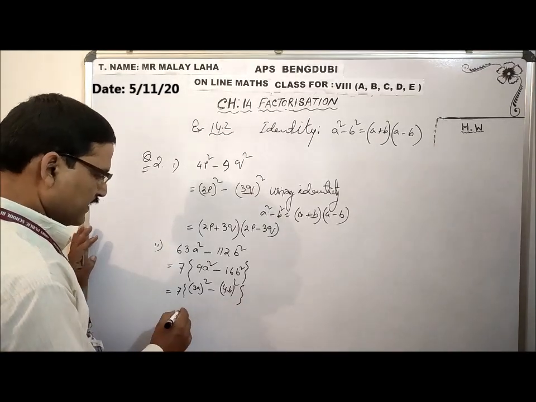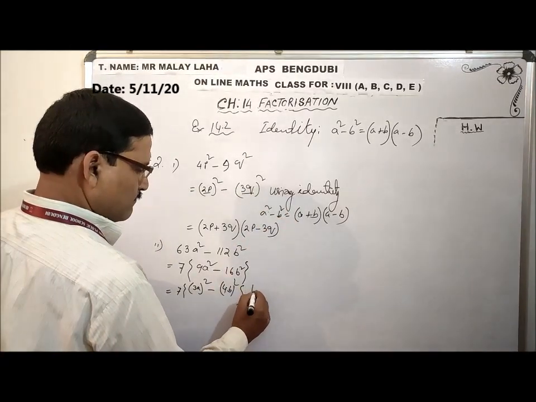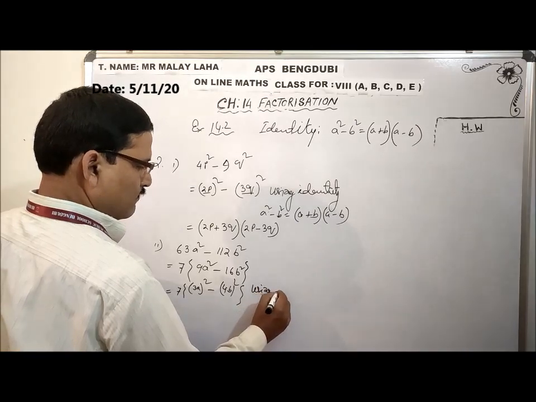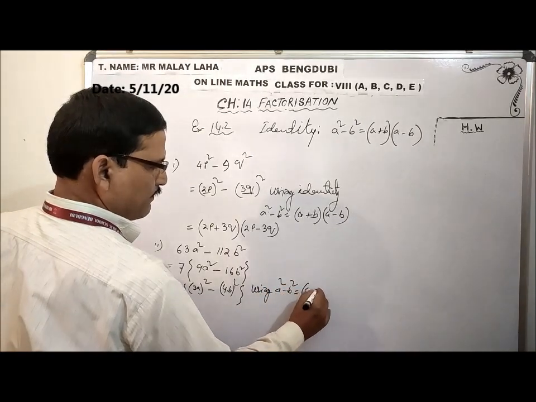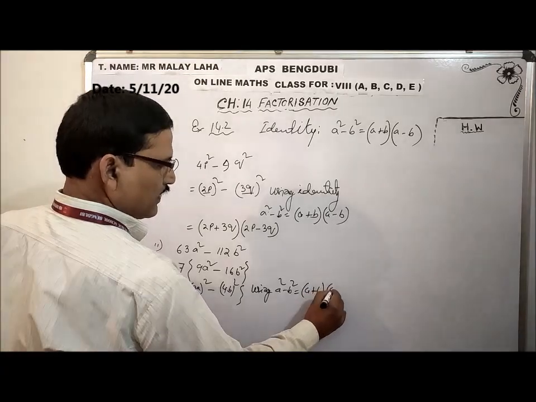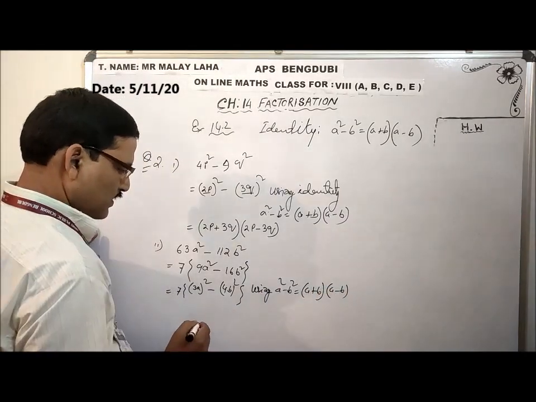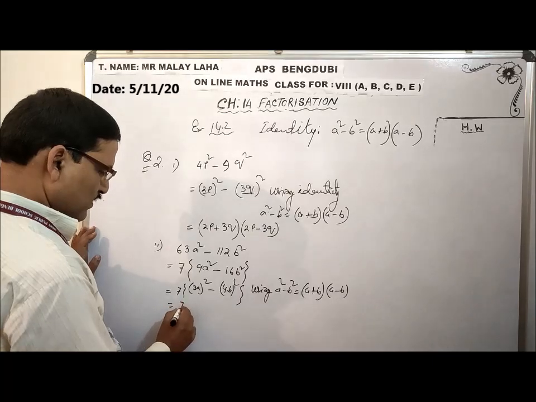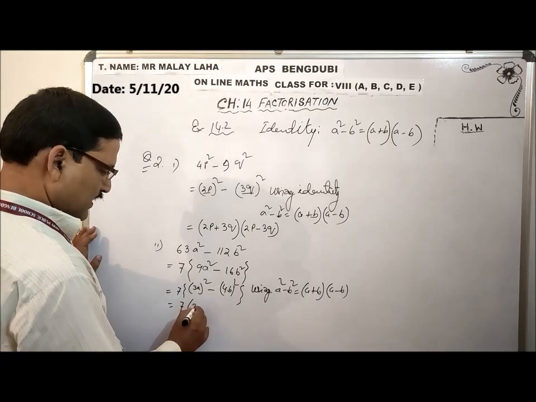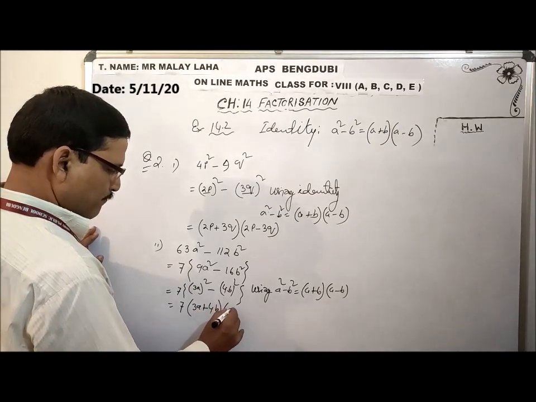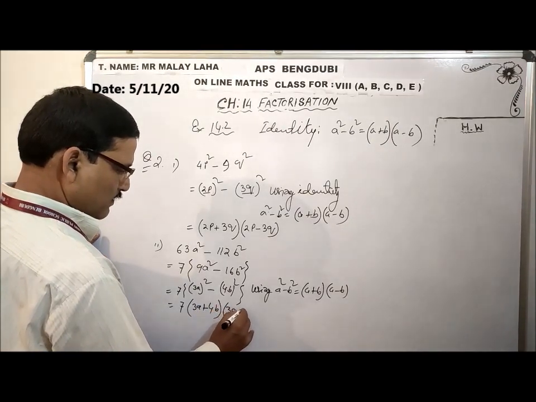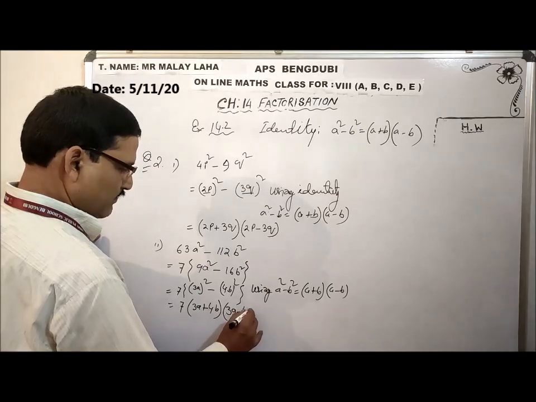Using the identity a square minus b square equals a plus b into a minus b, clear? So it will be 7 as one factor, 3a plus 4b as another factor, and 3a minus 4b as the other factor.